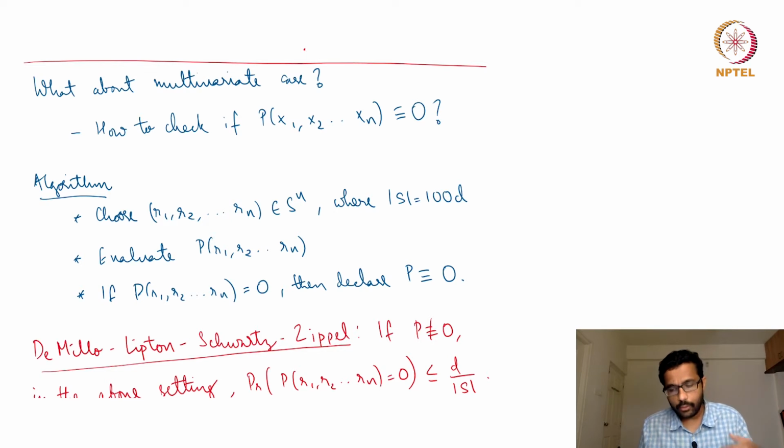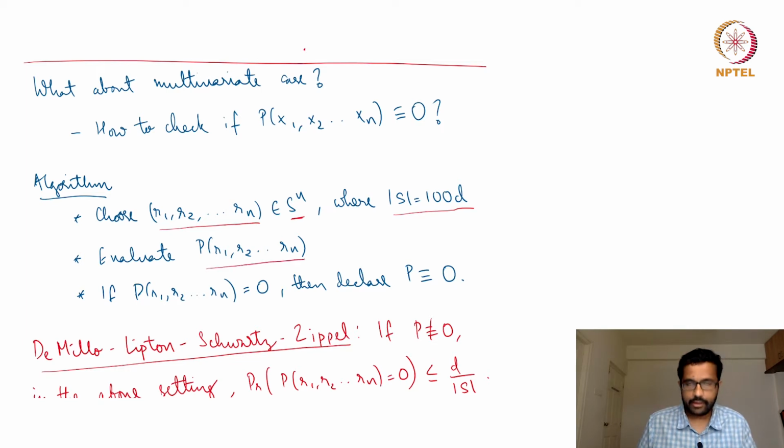So similarly, now we pick not just one R, but R1, R2 for each of these x1, x2, etc. So we pick R1, R2, etc. from S to the power n, where S is of size 100D, the same or a similar sized set. So R1 is chosen from S, R2 is chosen from S, etc. at random, and then you evaluate the polynomial at these points R1, R2 up to Rn.